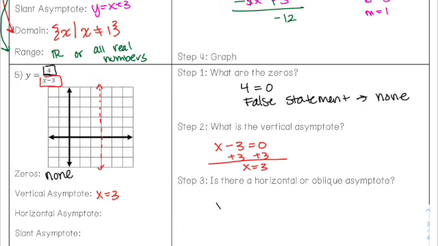So I'll have x - 3 and then 4 on the inside. And we're going to say, okay, 4 goes into x how many times? It doesn't. So because 4 does not go into x, we get 0. 0 is just a number telling me that I have a horizontal asymptote at y = 0.